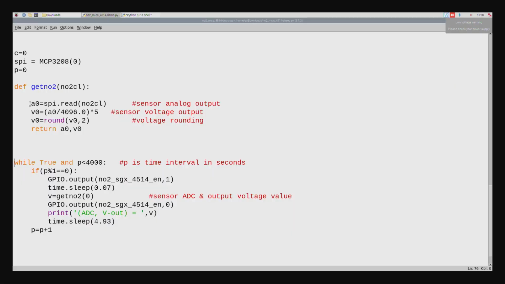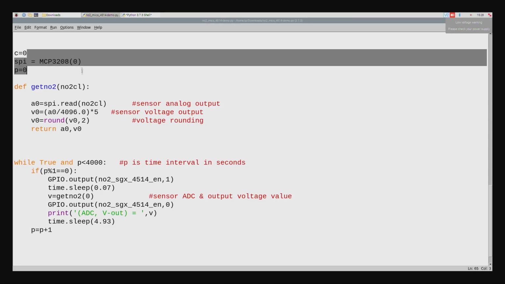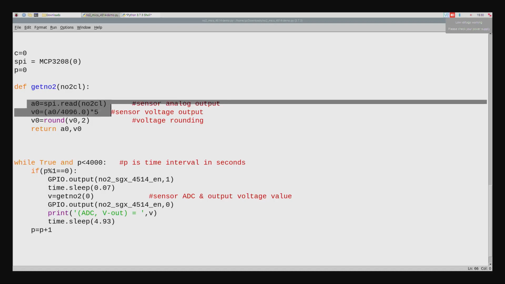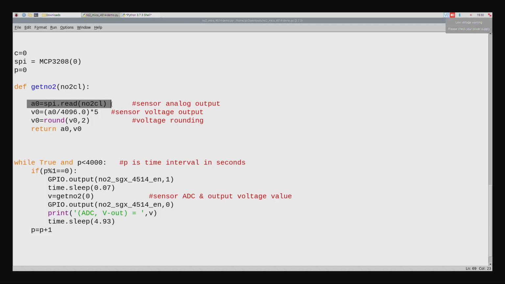If you look carefully, the MCP 3208 SPI is indicated. The code says that you read over SPI: A0 is equal to SPI dot read. That means the digital value corresponding to that analog input is stored in A0.